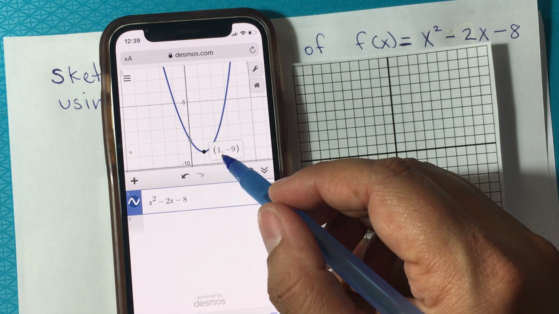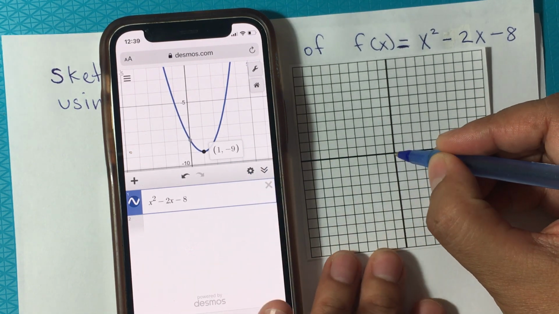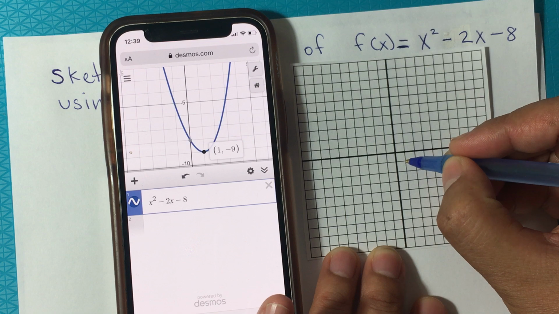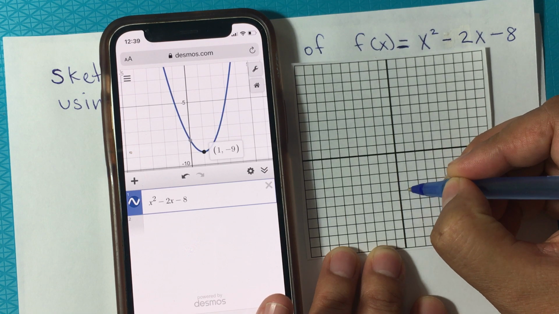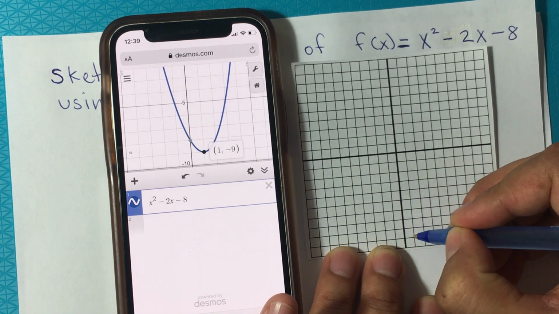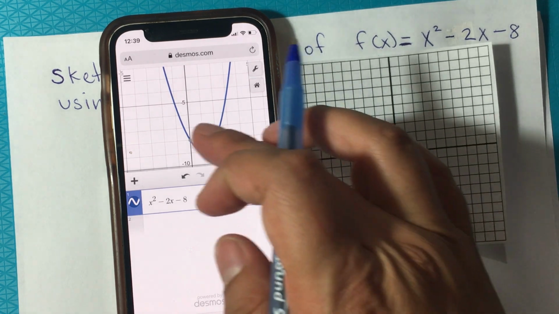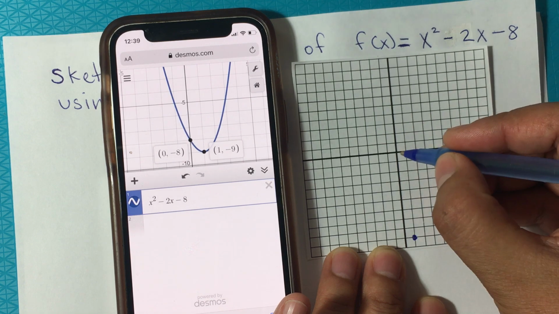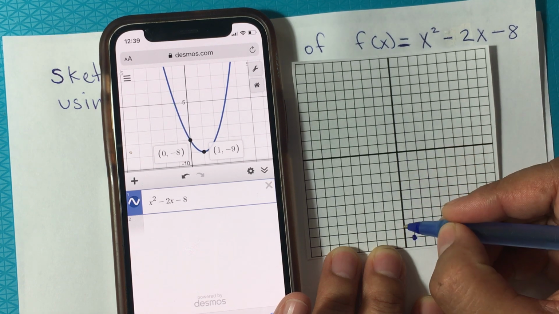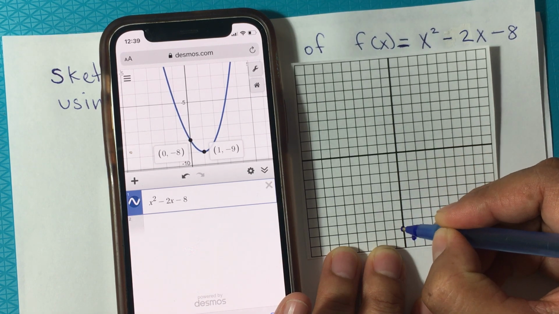So it's going to be at 1, negative 9. That's for the vertex, right here. And then we have 0, negative 8. That's the y-intercept, right there.